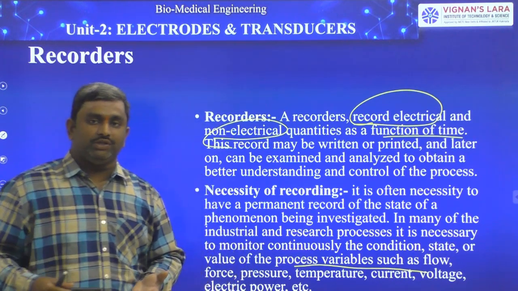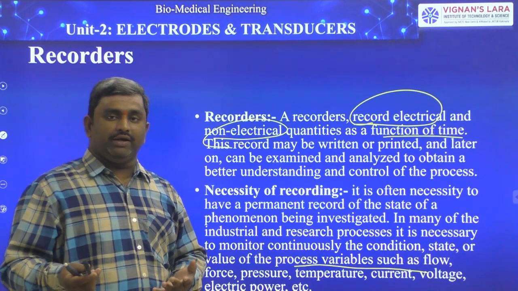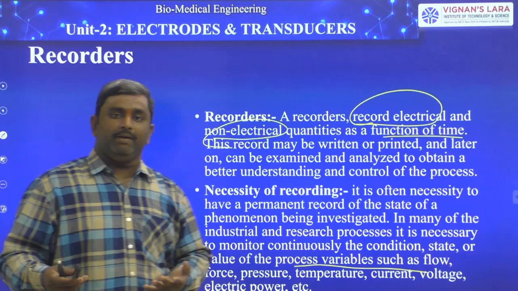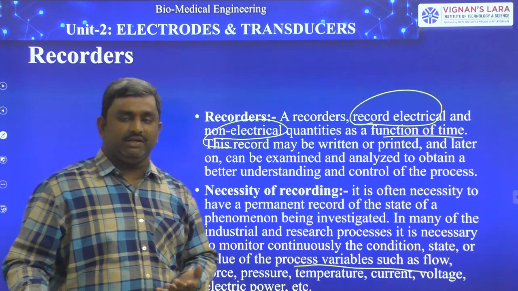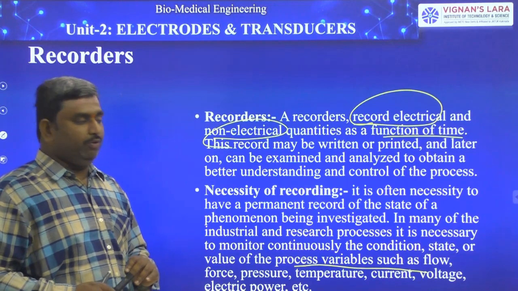Then we have to store that information, and submit these reports to higher authorities like doctors or maintenance managers or any person. So we have to save those records. That is very, very important.